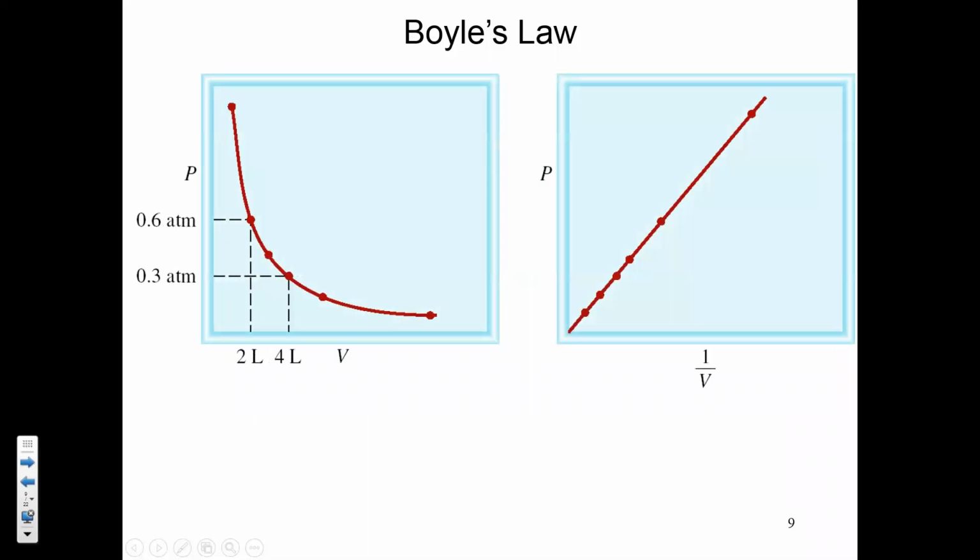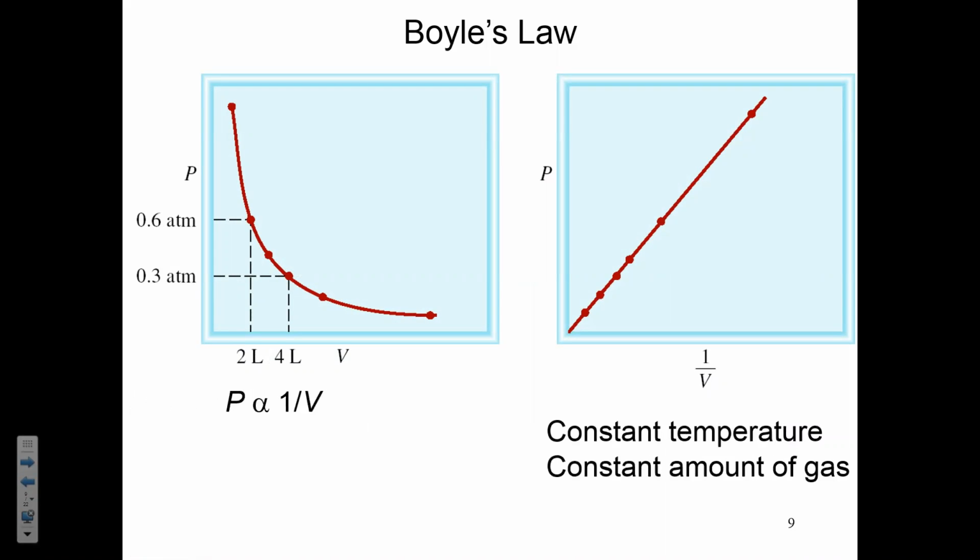We call it Boyle's law. These are two common representations of Boyle's law. With Boyle's law, we always assume that nothing is changing except for our pressure and our volume. That means we have a constant amount of gas, it's never going to change, and we also have a constant temperature. So the only things changing are our pressure and volume.